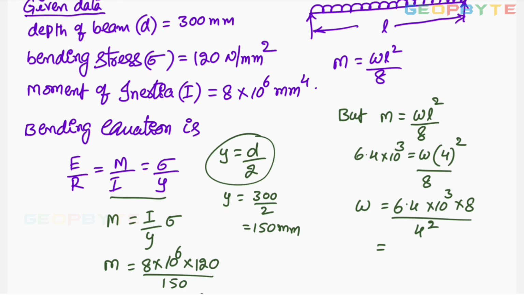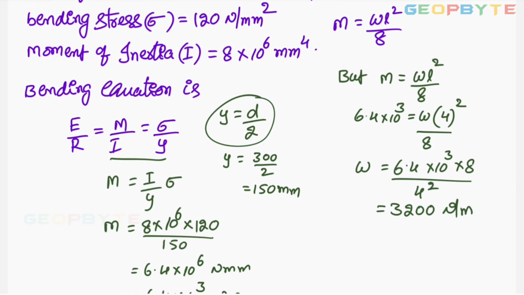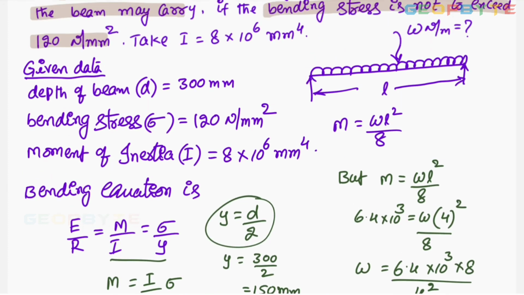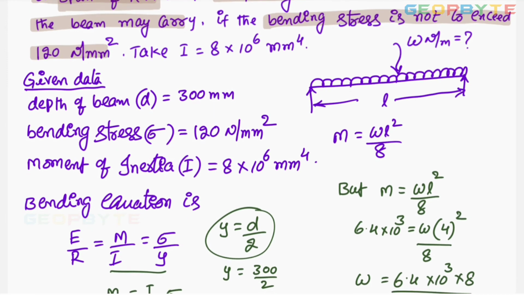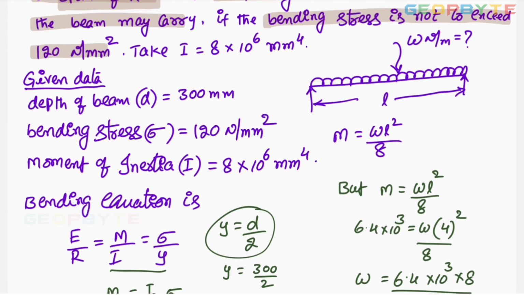I got 3200 Newton per meter. It can also be written in terms of kilonewton per meter, 3.2 kilonewton per meter. That is the UDL you can expect on the beam of length 4 meters.